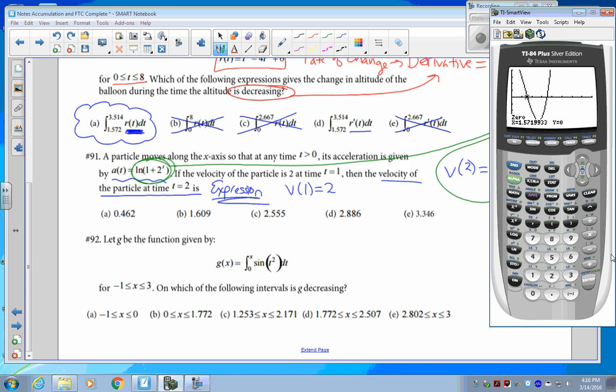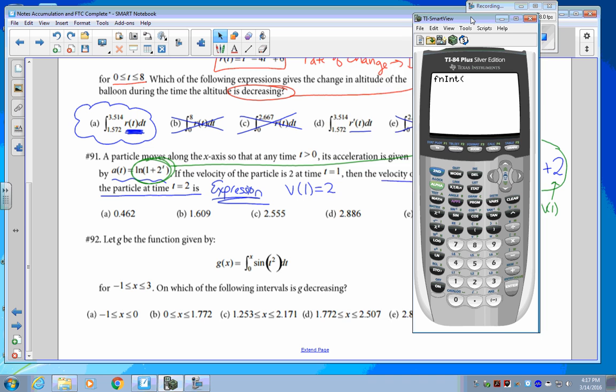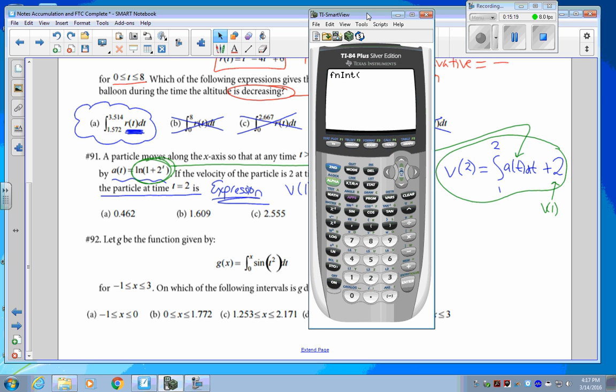So here I'm going to get out of this because I want to be where I can add, subtract, multiply, and divide. And I'm trying to do a definite integral, which is math, fnInt, there we go, number 9. I'm old school. If you're new school, I think you can deal with it. Let me move my calculator a little bit so I can see my screen over here where I wrote my work.